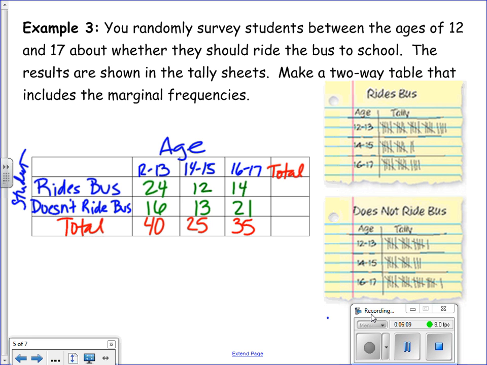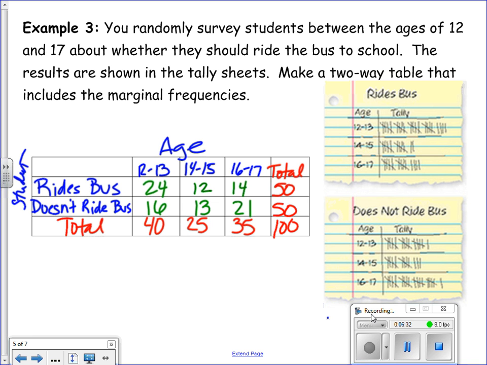Now rides the bus, we have 50. When we add these all up, 16 plus 13 plus 21 is another 50. 50 and 50 we know is 100. So hopefully 35, 40, and 25 is also 100, which it is.